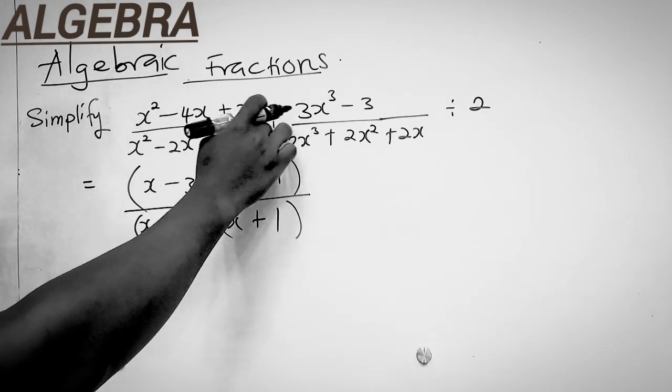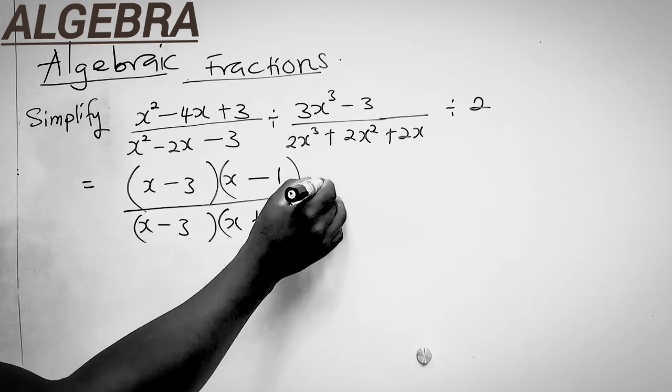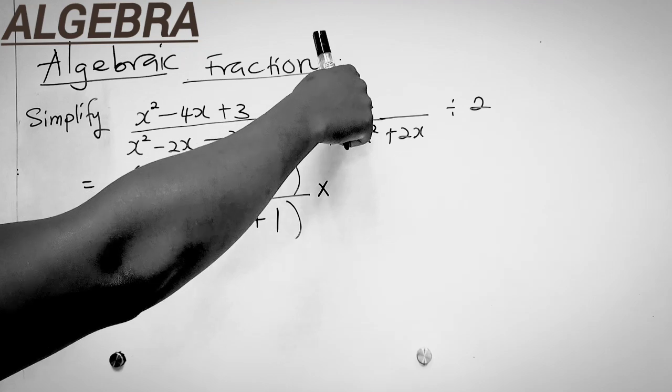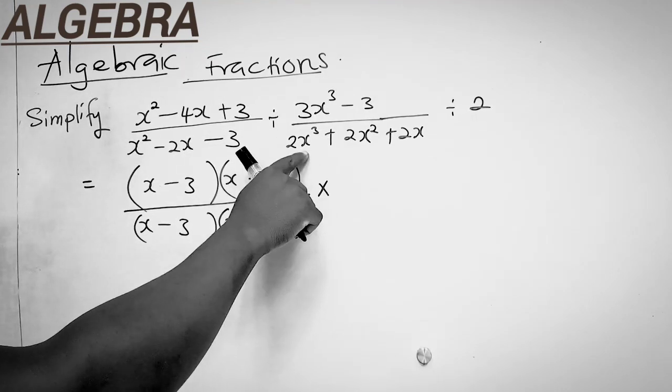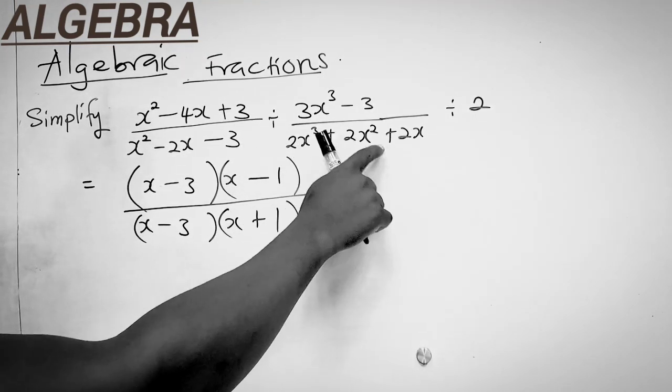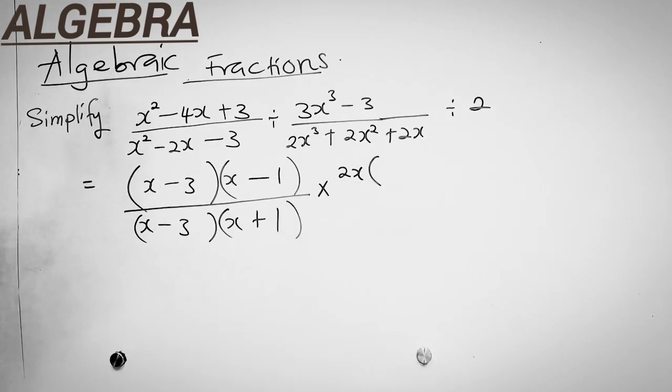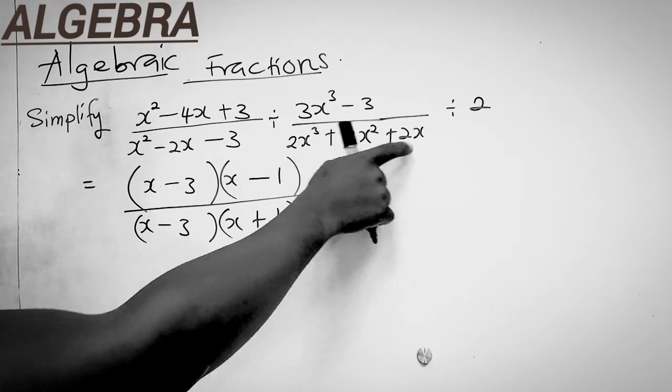Then this division, to simplify this division, we need to multiply. Then we invert this one. This one goes on top, this one at the bottom. So factorizing this one, remember now we're taking it up. The common factor is 2x. Here 2x, 2x, 2x.